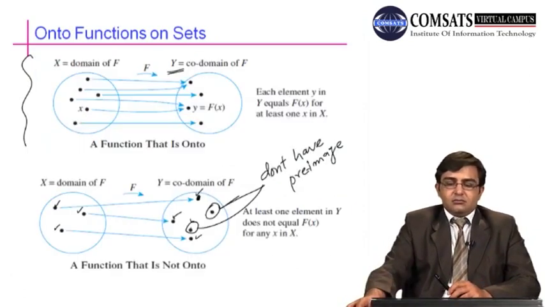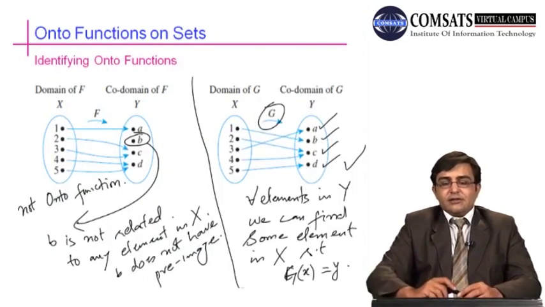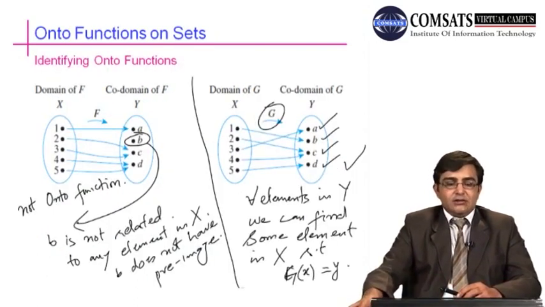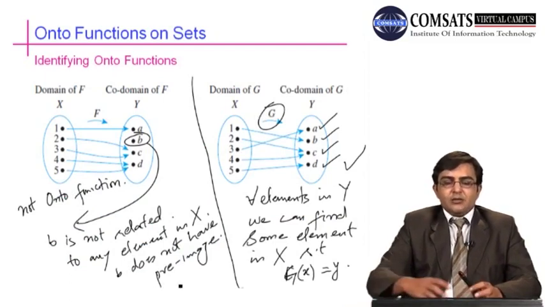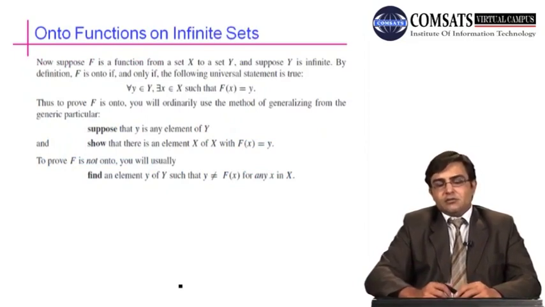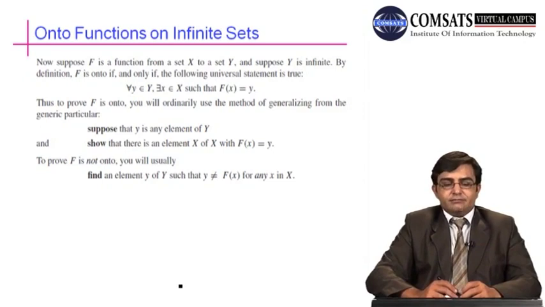Now we have discussed onto functions on finite sets. Now we shall discuss onto functions for infinite sets. How to prove whether a function on an infinite set is onto or not.